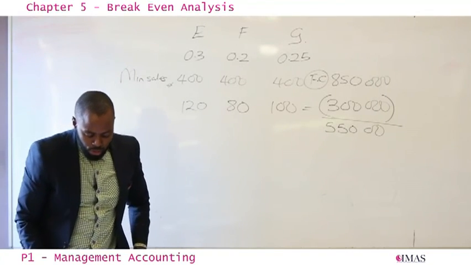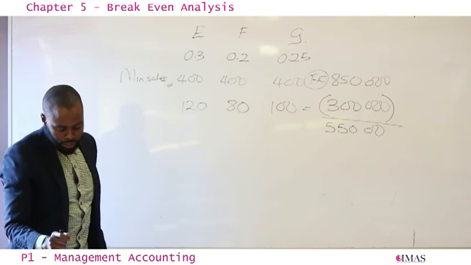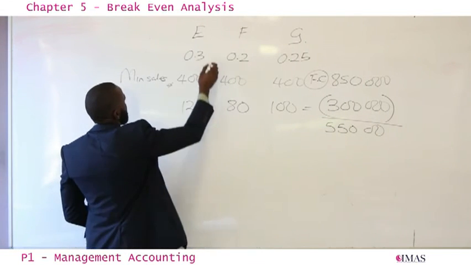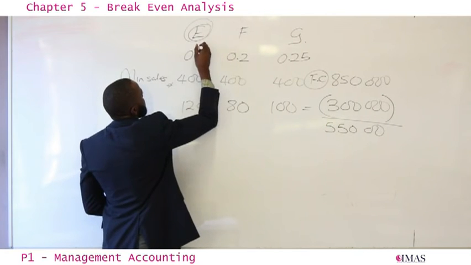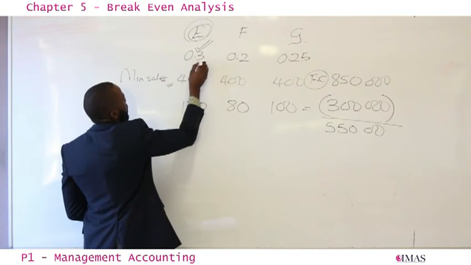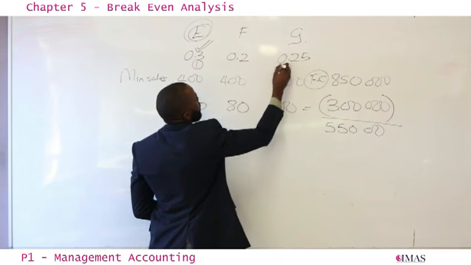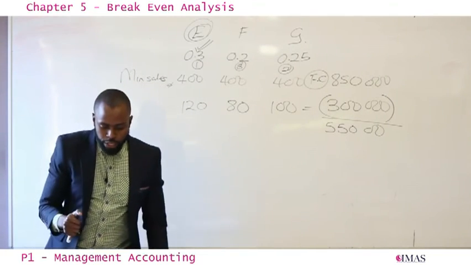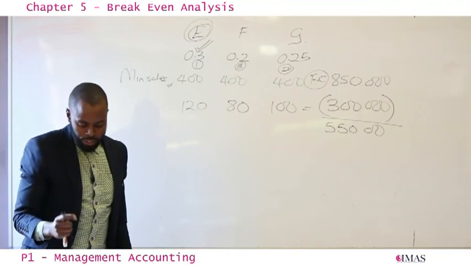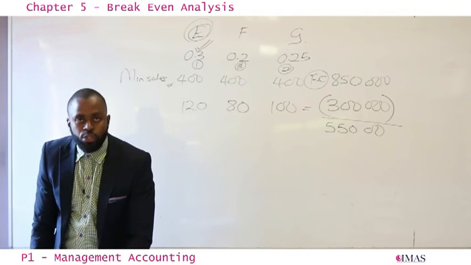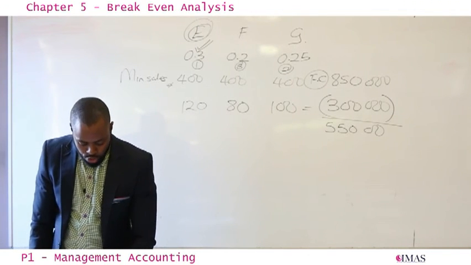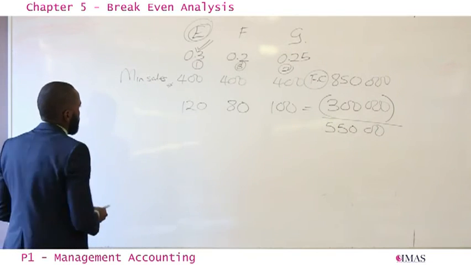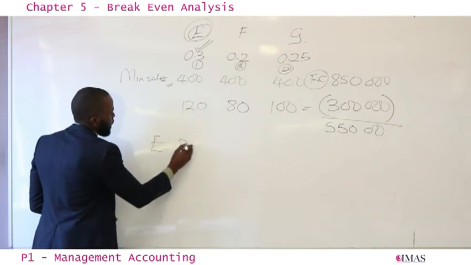Then now we want the lowest break-even sales. So first we need to start by selling product E because it has the highest contribution ratio. Then we sell G, then we sell F. For E, we have already sold 400, but the maximum sales is 1,200. So now we have to sell the difference between 1,200 and 400, which is 800.